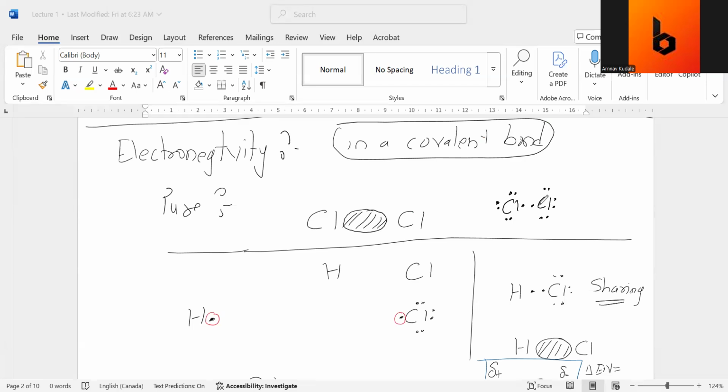Now, the electronegativity of chlorine is around 3.16, and this one is also 3.16. That means they have equal pull. Because they have equal pull, the electron cloud is equally shared between them. So this bond is called a pure covalent bond.